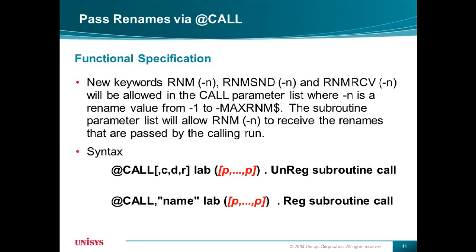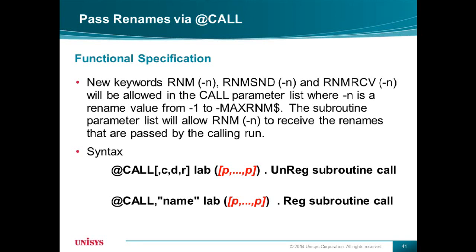When the subroutine returns, the current results report number in the caller statement can be updated. For instance, I can give a sample. Say I have sent RNM of -5, and that would be received as -10, not as -5, in the callee. Once I make changes to the -10 report in the callee and return back, the -5 report in the caller would also be updated with the latest information that has been updated in the callee.